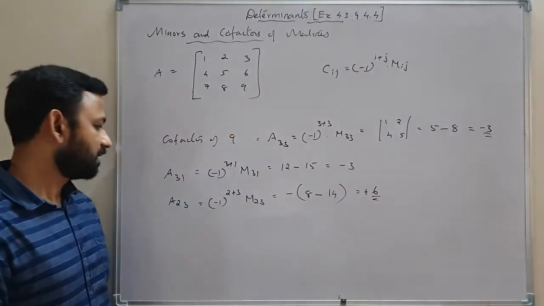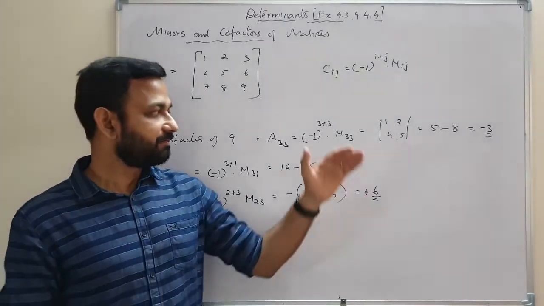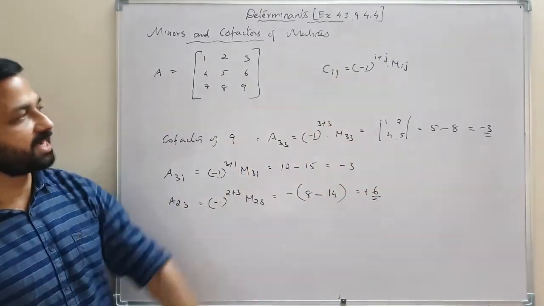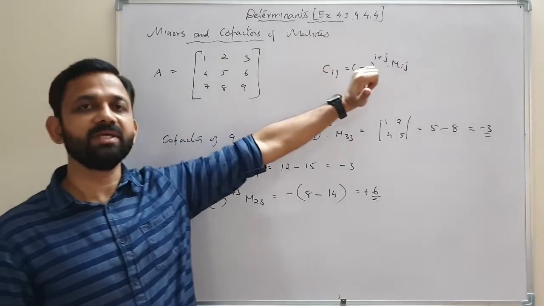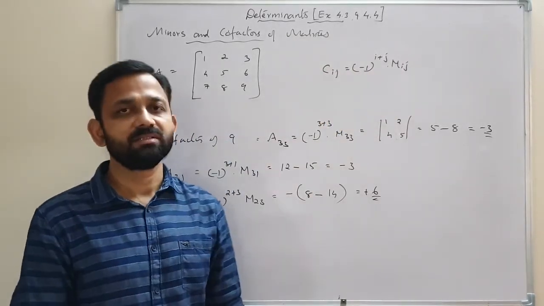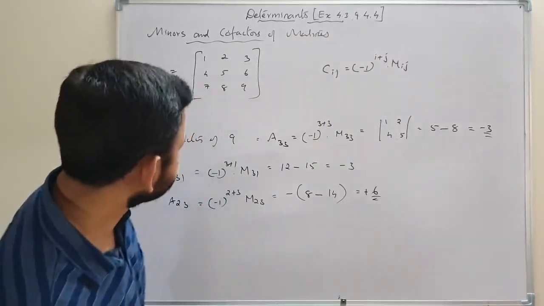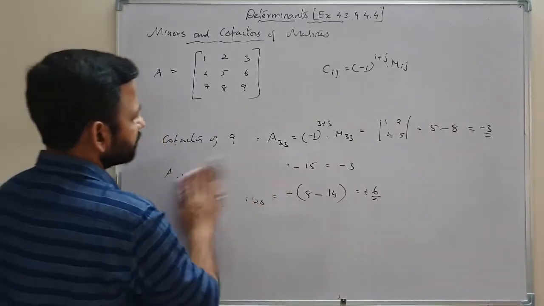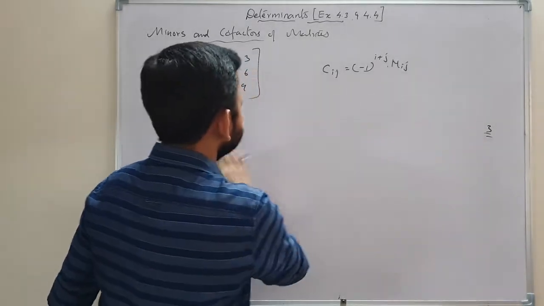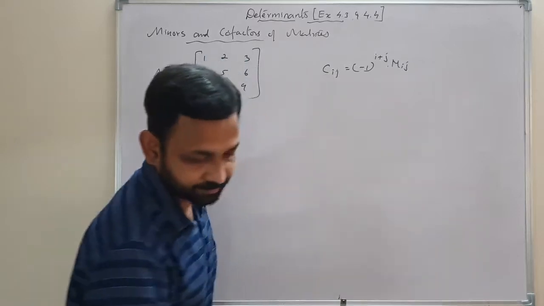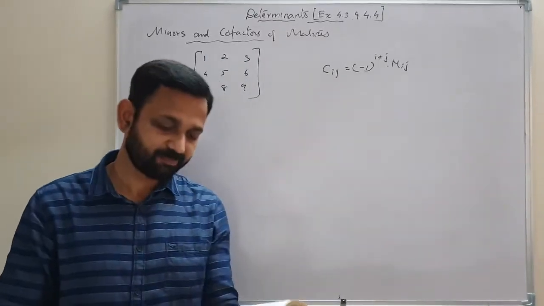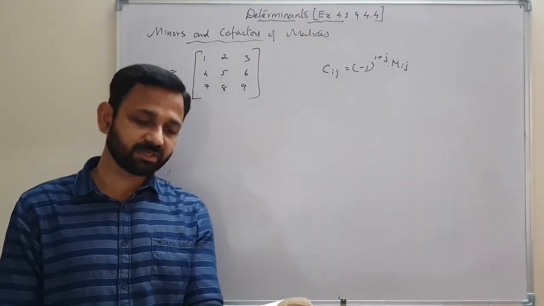So that is the cofactor. Similarly, we can find the minor and the cofactor of any element of the given matrix.